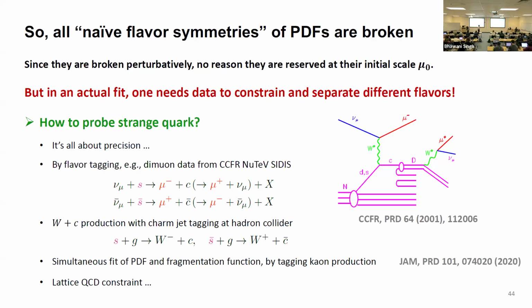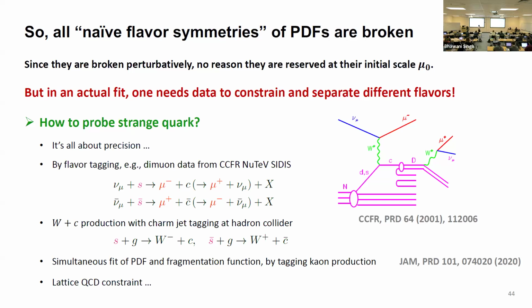This is a group that performed the NuTeV experiment, which is a collision of neutrino and nuclei. And this neutrino is exchanging a charged current, W plus or W minus, with the nucleus, and then turns into a muon. So you can observe this muon.